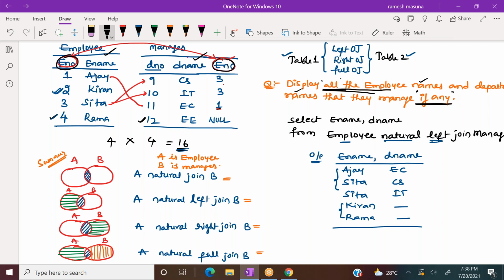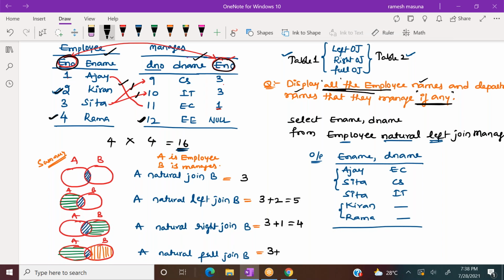Natural join will give you matching rows. How many matching rows? 1, 2, and 3 matching rows. Here 3. Okay. Left join: matching is always in the output, whatever the join may be. But if it is left join, we add the non-matching in the left side table, 2 extra tuples, plus 2, so it is 5. Natural right join means right side table non-matching, only 1 tuple, that is plus 1, totally 4 tuples.